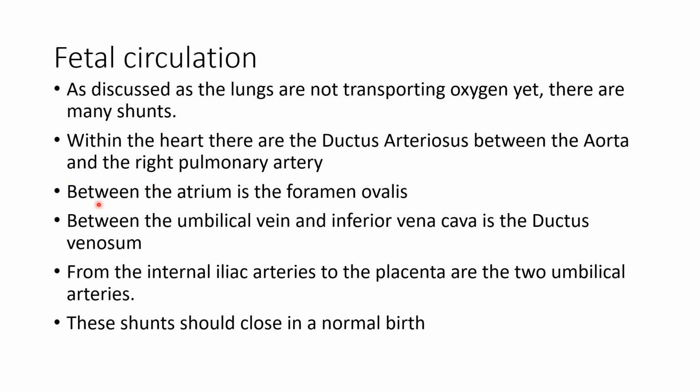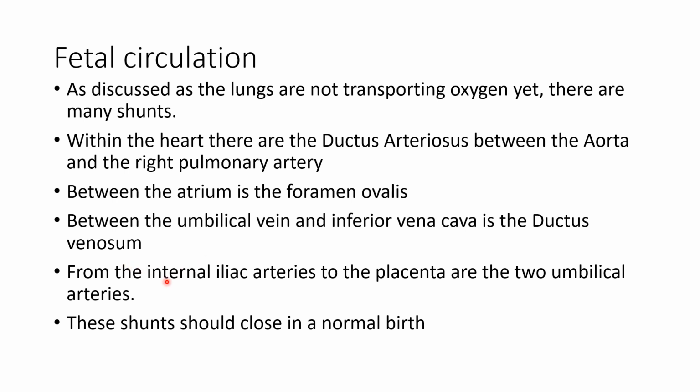And we talked about how between the atriums there is a foramen ovale, which closes up and becomes the fossa ovalis. Between the umbilical vein, which is a vein bringing blood back to the body, and the inferior vena cava, you have a duct bypassing the liver, and that is the ductus venosum.